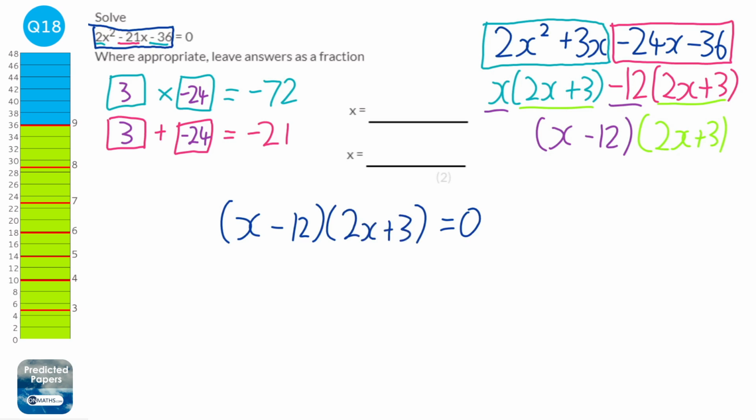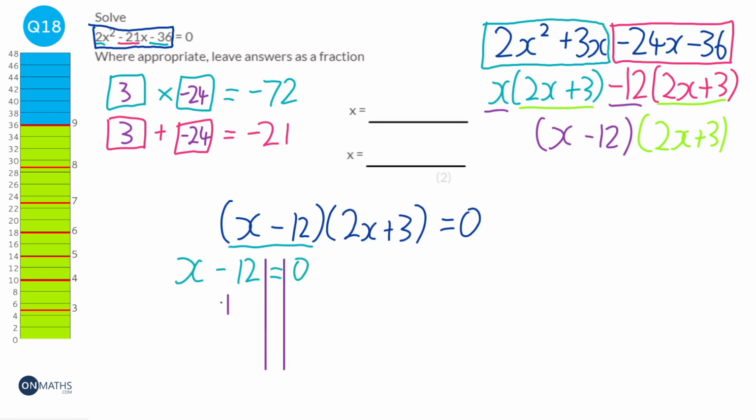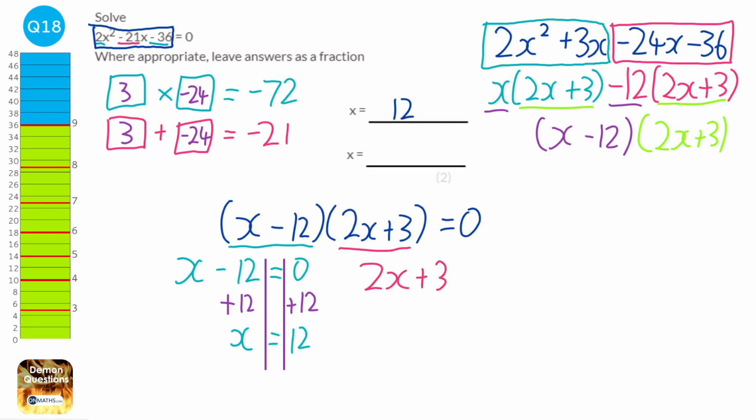To solve now, we get both of the brackets equal to 0. So x minus 12 equals 0. Get our lines in. And we're going to add 12 to both sides. So we've got x equals 12. That would be our first solution. And then we do exactly the same thing for the other bracket. So 2x plus 3 equals 0.